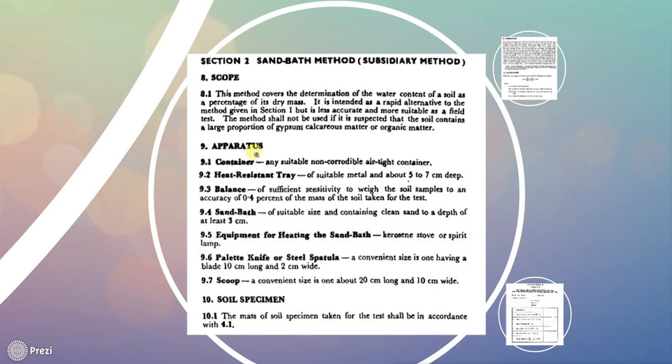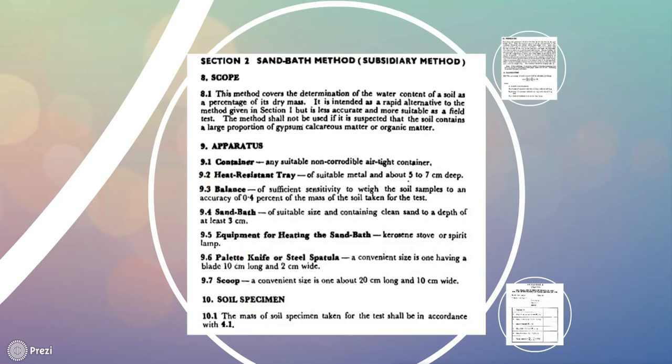Apparatus for this test will be container, heat resistant tray, balance, sand bath, equipment for heating the sand bath, palette knife or steel spatula, and scoop. Palette knife, steel spatula, and scoop are devices to handle the soil specimen. Equipment for heating the sand bath can be a kerosene stove or spirit lamp.